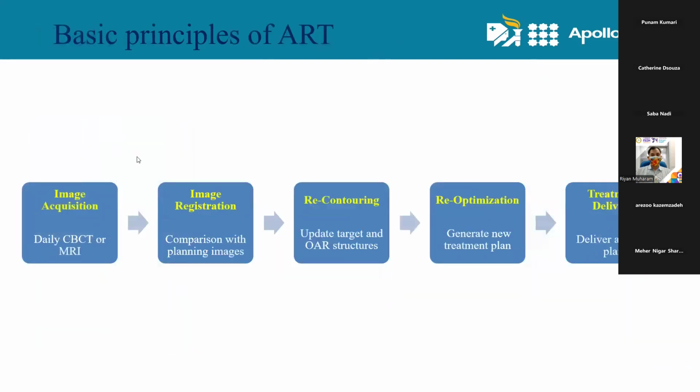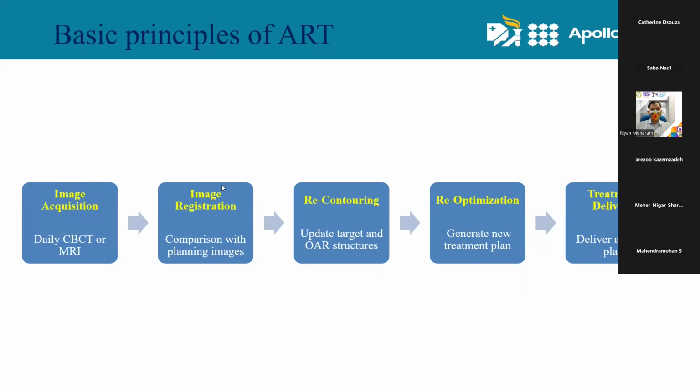So, the basic principle of ART. This is a systematic process flow. In the first step, we acquire new images such as a CBCT or MRI. We register the new images with the planning image, that is, compare with the planning images, and then evaluate the anatomical changes like tumor shrinkage and weight loss.